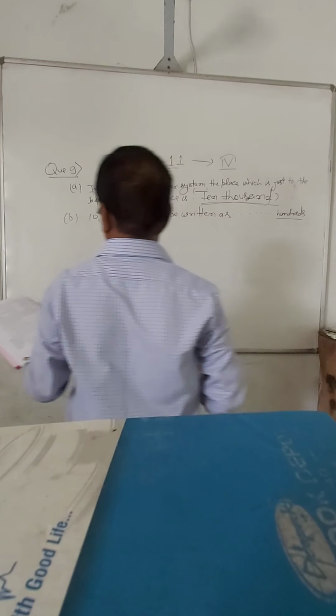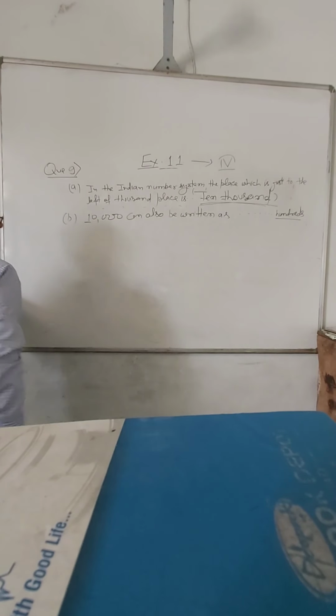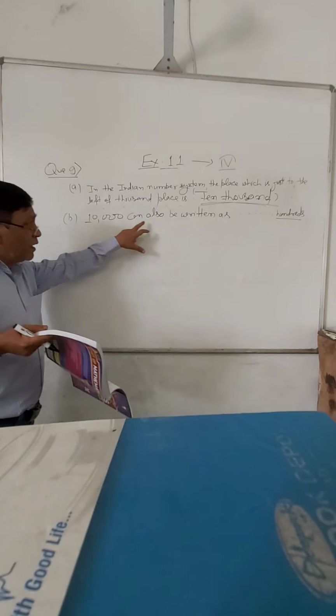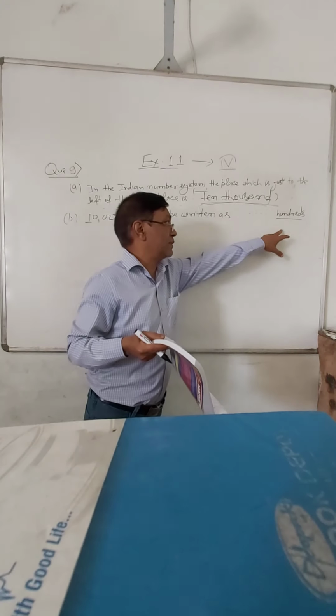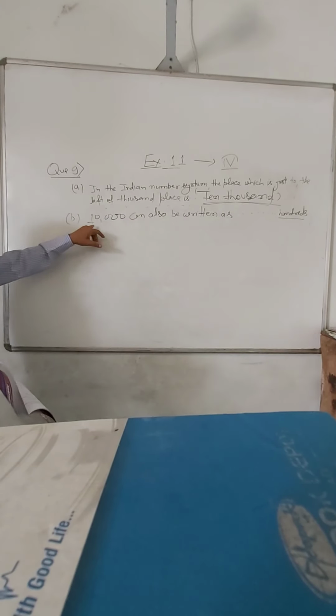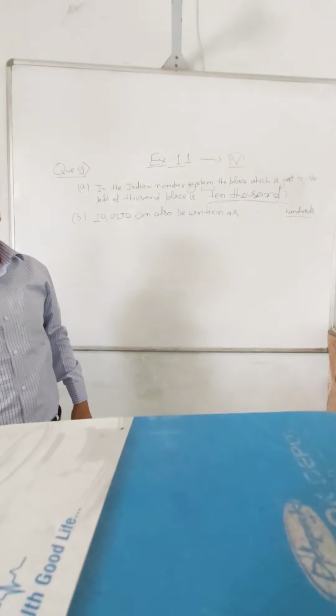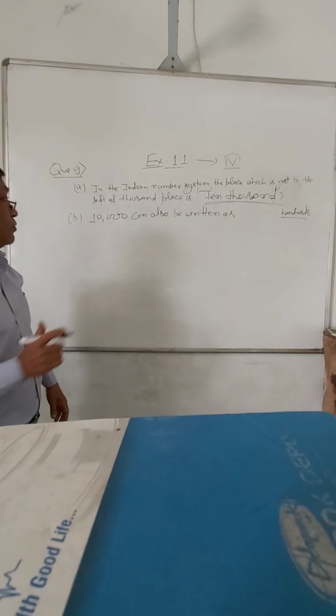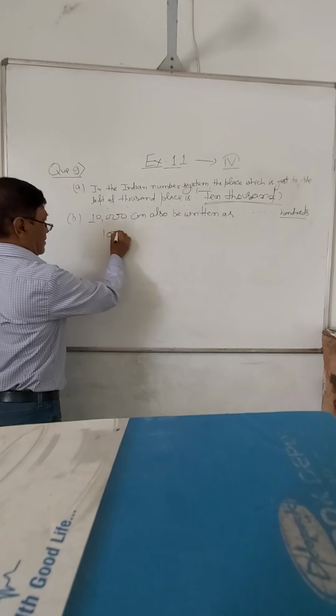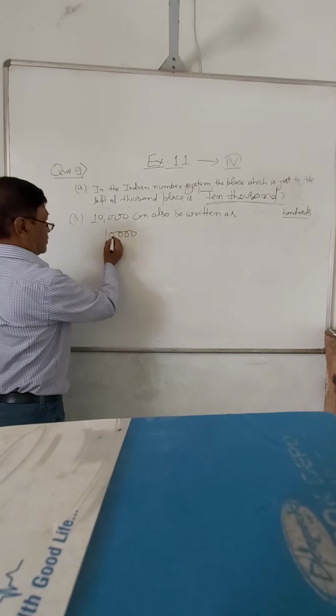See, this number 10,000 can also be written as hundreds. That means 10,000 is equal to how many hundreds? This you find out.